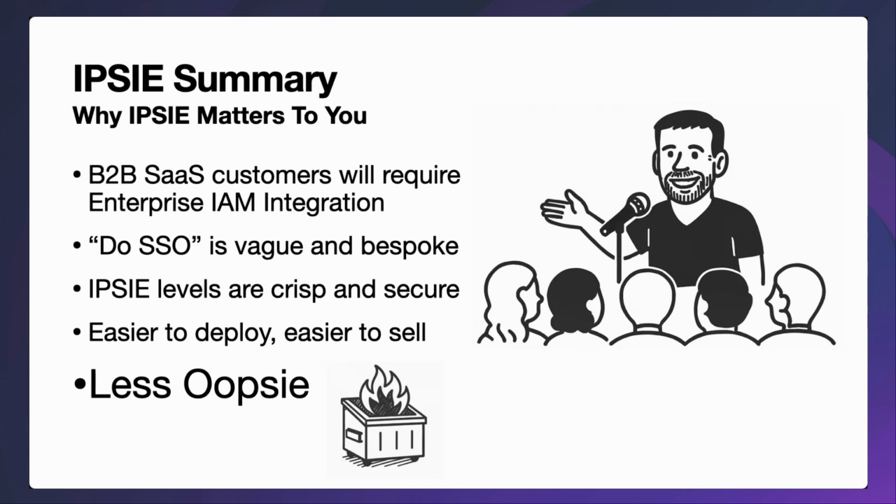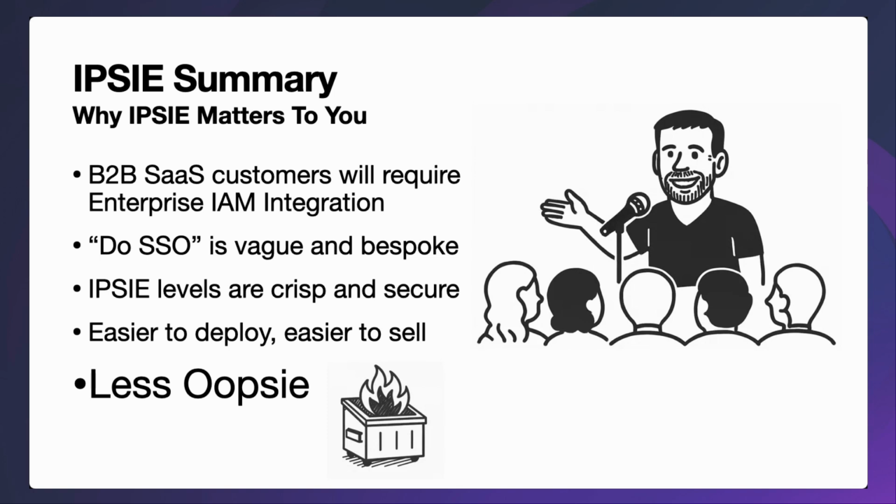The next point we learned is that just doing SSO is super vague. People say, I want SSO, and someone says, I'll give you SSO. But what that means is very vague, and it's very different for different enterprises. IPSIE is coming out with different levels that are crisp and secure.